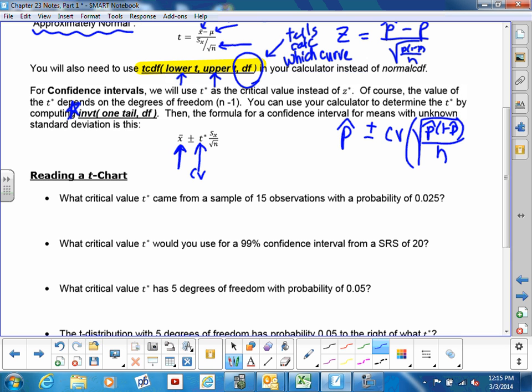That's your critical value. And then here's the standard deviation for means. The way you get a critical value is inverse t of one tail, comma, degrees of freedom. Tell it which curve. So let's practice that in our calculator.